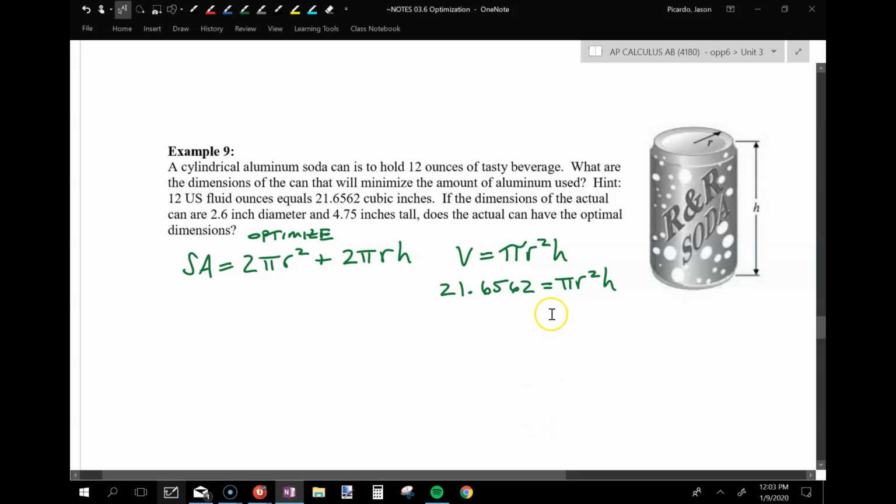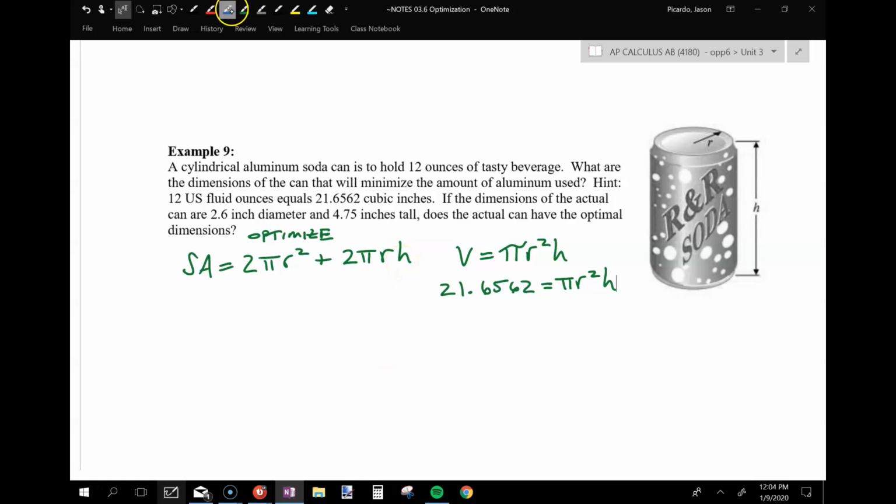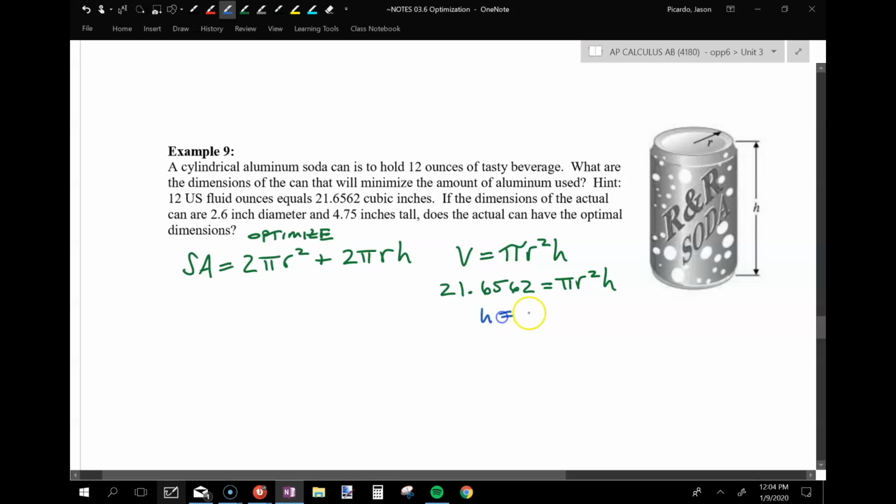Yeah, I think h is better because if I solve for h, I'll have r's and I'll only have to substitute here once, right? Seem cool? So we're going to solve for h. And then what are we going to do? Well, we're going to take this and substitute it right there.